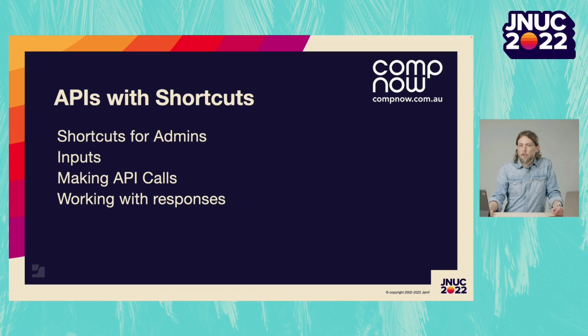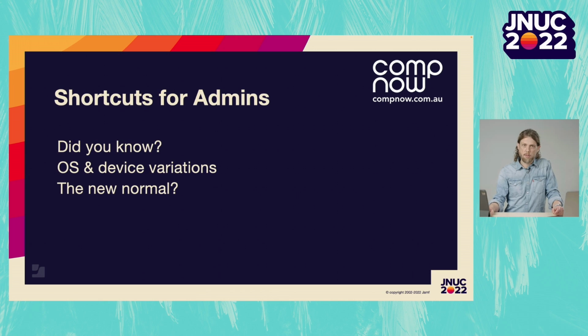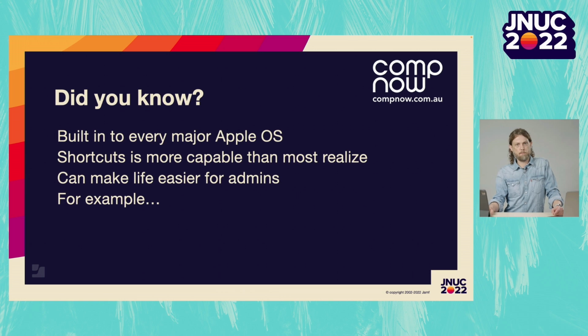Going to look at shortcuts for admins as opposed to shortcuts for your everyday personal use. Going to look at some of the inputs that you can pipe into your shortcut to start all the automations flowing. We're going to look at making the API calls with shortcuts and then working with responses. So, shortcuts for admins.